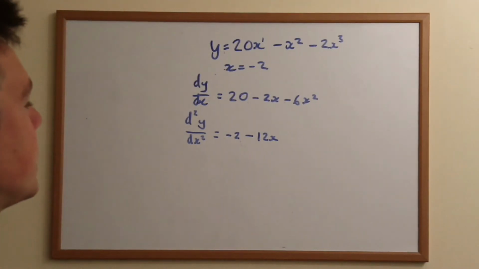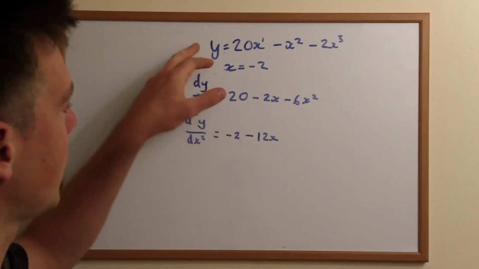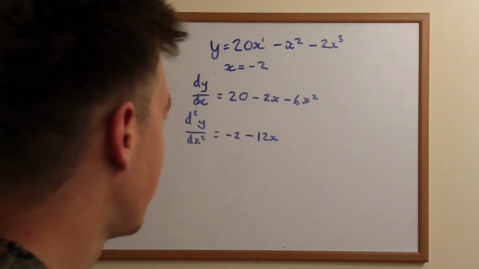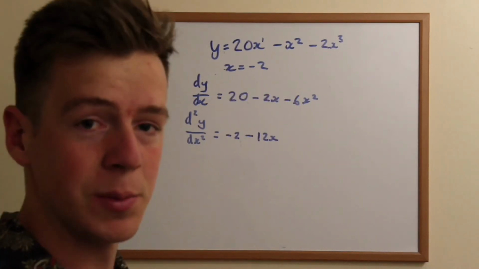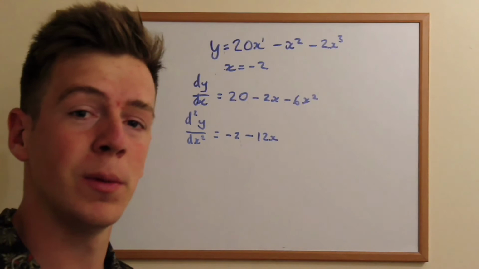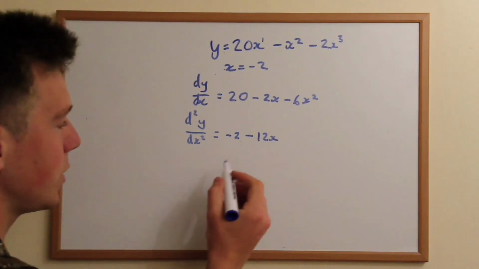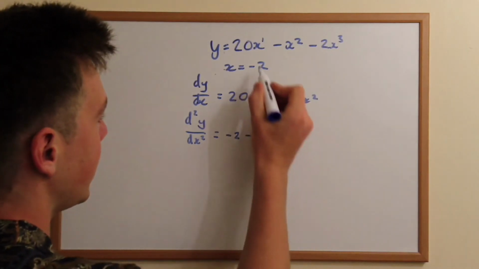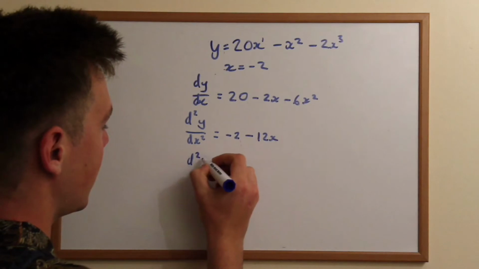So we've got the equation for our second order differential of the equation of the curve, and we know that x equals negative 2 is a stationary point, but we don't know whether it's a minimum or a maximum point. So to do this, we simply plug in the value into our d2y by dx squared.